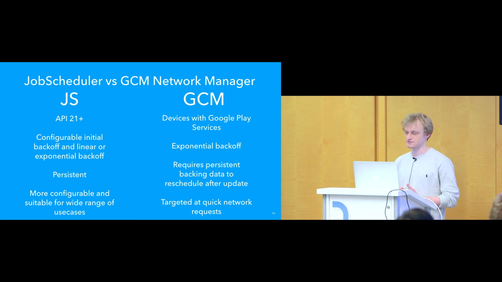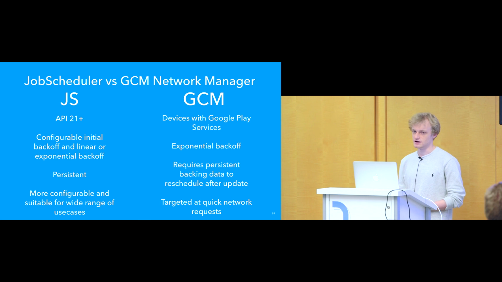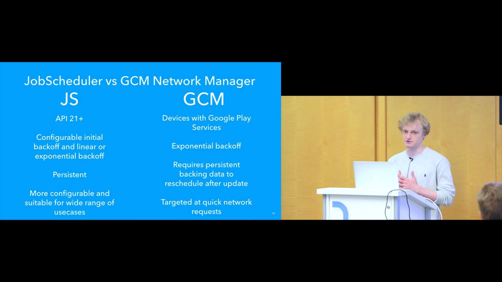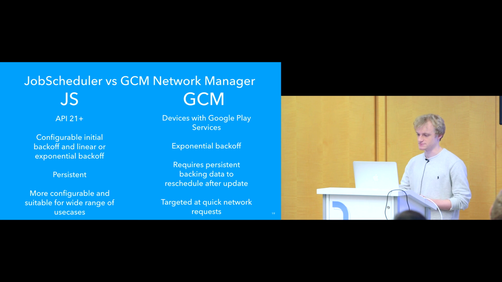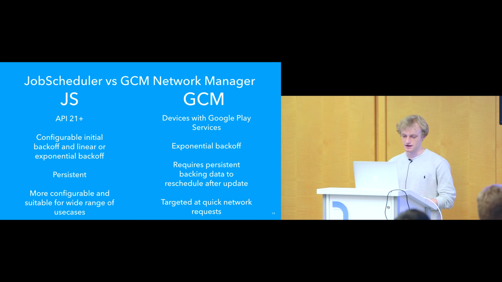With GCM, though, you still have to have that persisting backing data, because anytime Google Play Services could get updated, and now you have to go fetch all of your data from some file and then reschedule all these tasks. By the way, you should go to the talk about QFile tomorrow. It's also a great way to deal with this persistence in your own implementation, and then pass back up to GCM Network Manager.